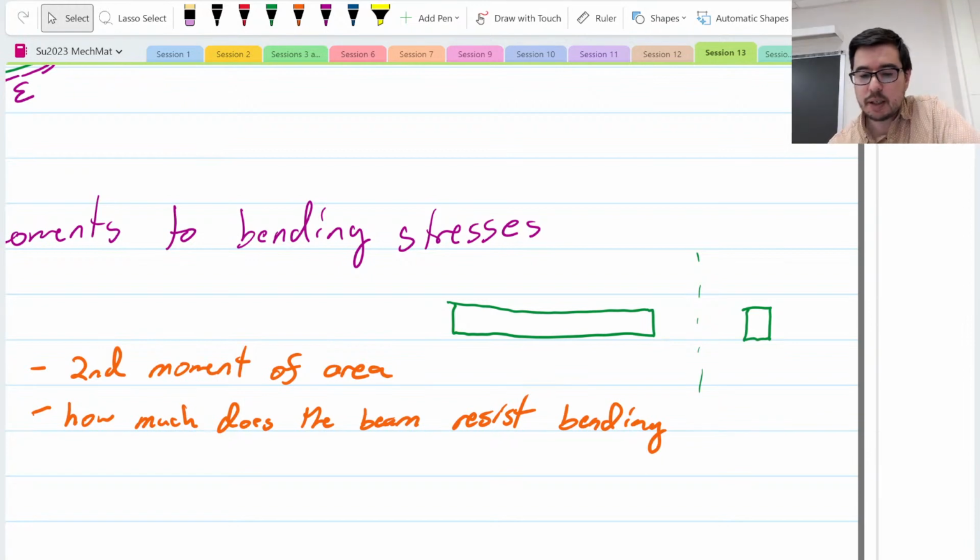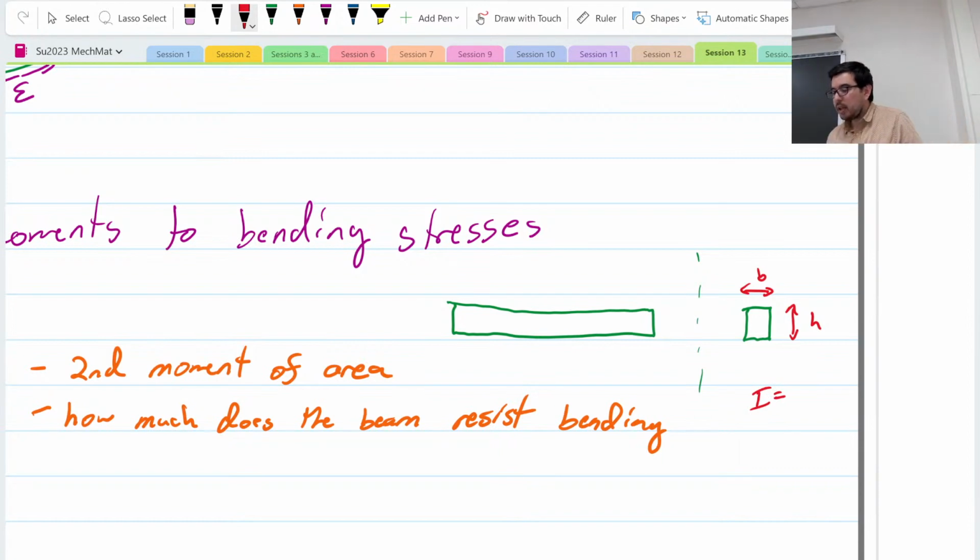What you'll see is a classic expression, okay, which is given by the height, the width of the beam, and like we said, I. Okay, now before I write this expression, you have some experience in life. Okay, you've walked around on supported structures, you've used tables, you've sat in chairs.